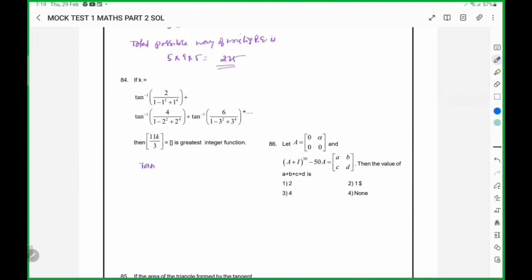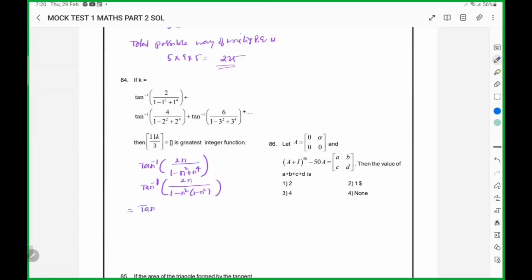Here it is tan inverse, the general term of this, n square plus. Mostly recurring, telescopic series, this kind of problems. Tan inverse 1 minus n square into 1 minus n square.